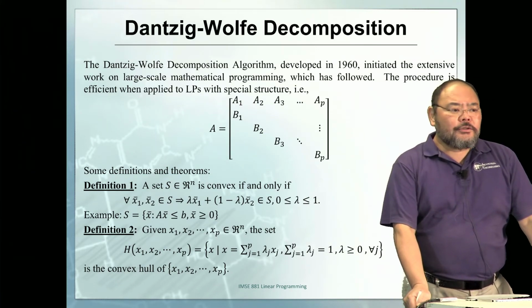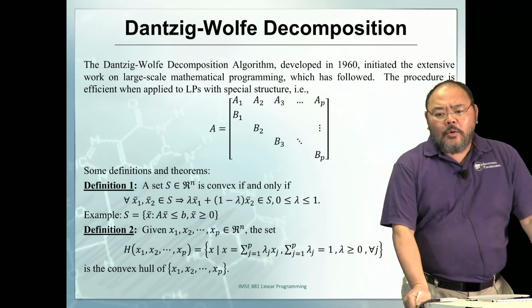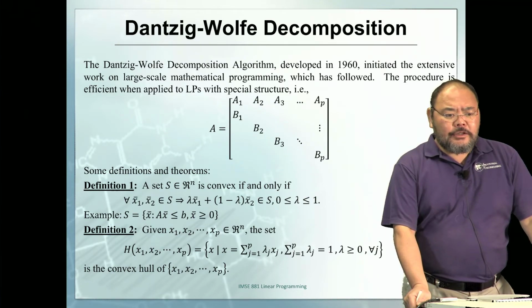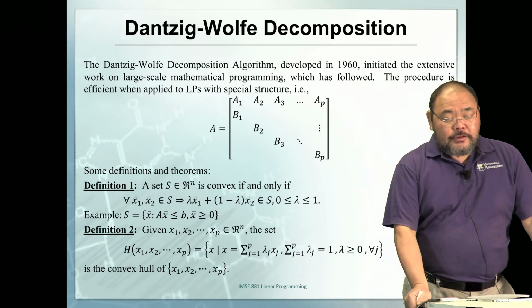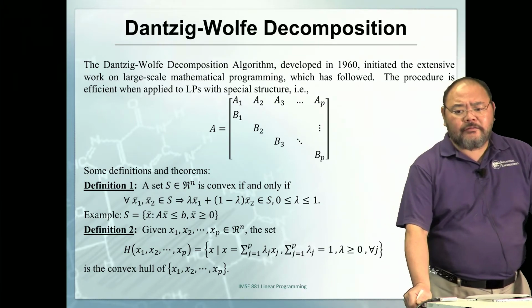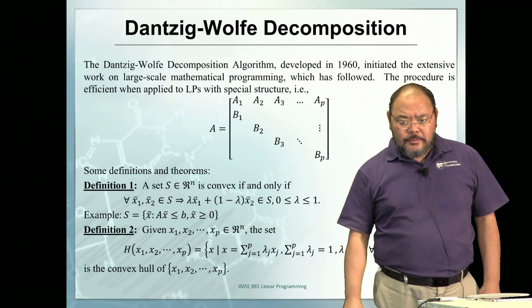Later on, we can use it for even non-convex feasible regions, or in many integer programming situations, where we have to use a convex hull in order to keep the feasible region convex instead of zigzag or discrete.